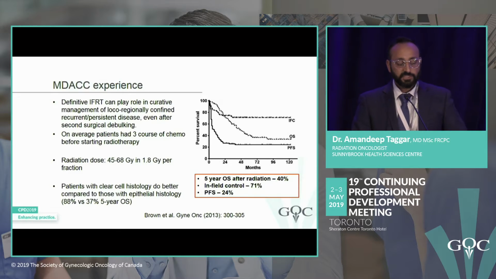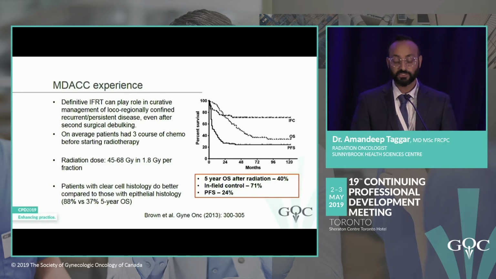So there has been some experience, and one of the first ones is from the MD Anderson Cancer Center, where they did use involved field radiotherapy after patients failed. They've had debulking surgery. They've had at least, on average, 3 courses of chemotherapy. The radiation dose was at least 45 to 68 gray. Remember, I told you for these, this is still considered curative intent, so you have to have 5 to 6 week long courses.